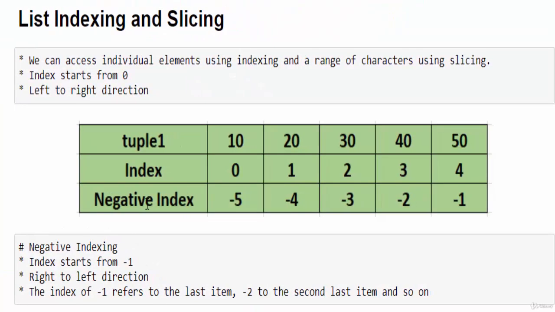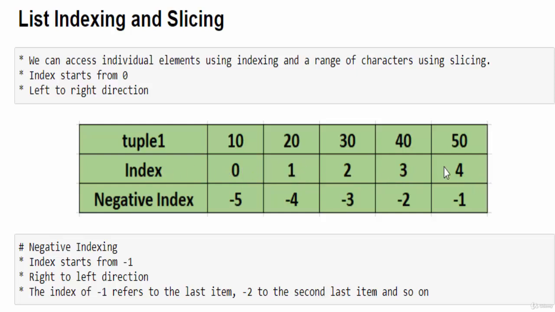Next topic, tuple indexing and slicing. Indexing in tuples is exactly the same as in list and string. We have discussed a lot about this topic, so I am just doing a small recap. Each value in the tuple is assigned an index. In the indexing mechanism, the first value starts with 0, then 1 and so on, going from left to right.